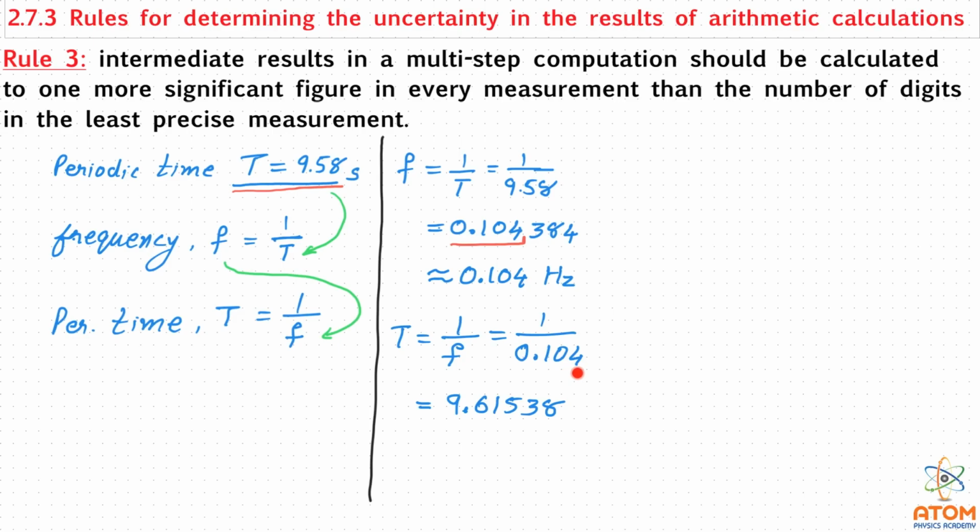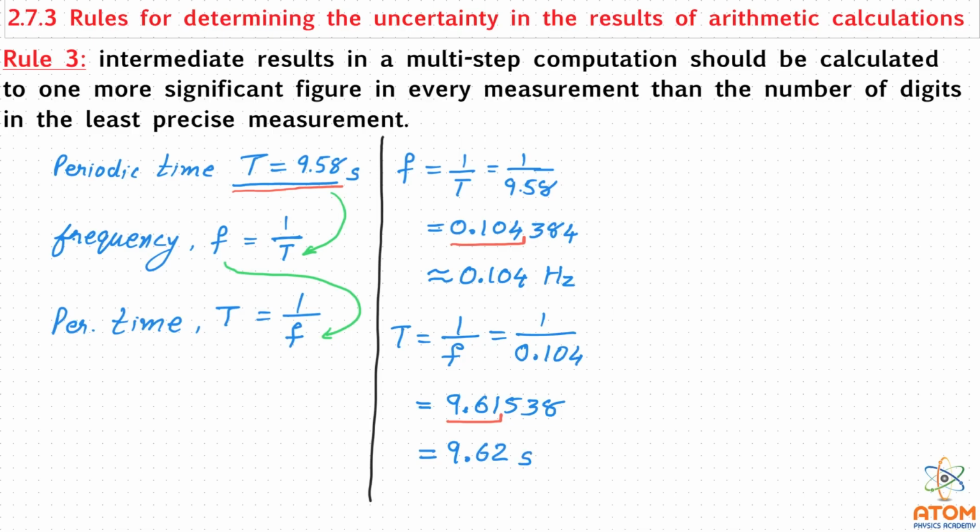This 0.104 has 3 significant figures, so I have to reduce my answer to 3 significant figures. So by rounding off, I'll write 9.62, because here is 5, and the digit before it is 1, which is odd. So while removing this 5, we have to add 1 to this one, so it will be 9.62. So we'll get the answer 9.62 seconds.